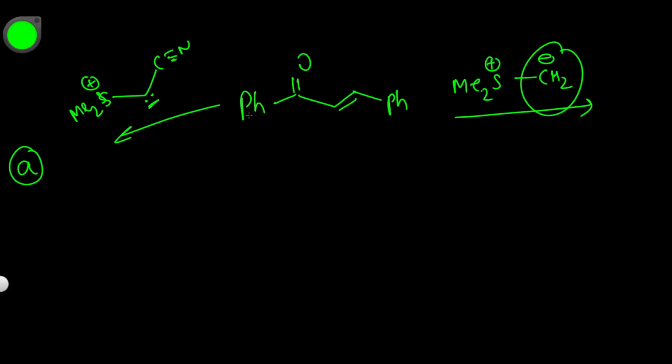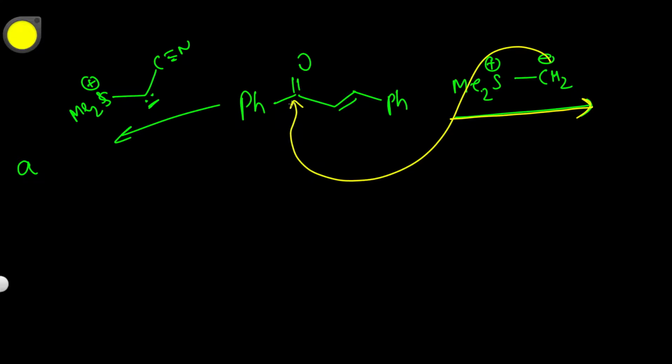So that's why we have to see here. If we talk about this region, it will simply attack on this carbonyl, and this negative charge will go on here, so you will get something like this.